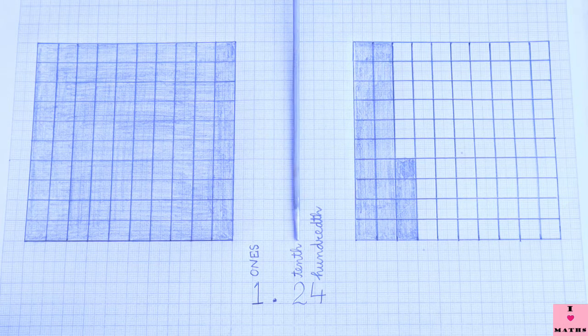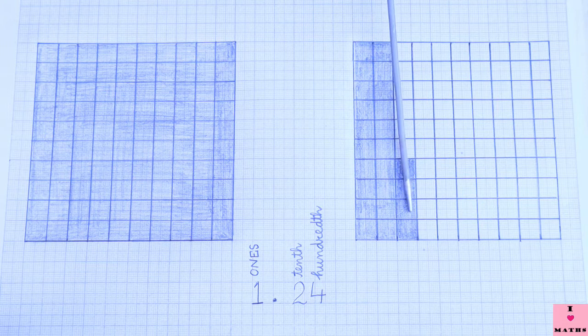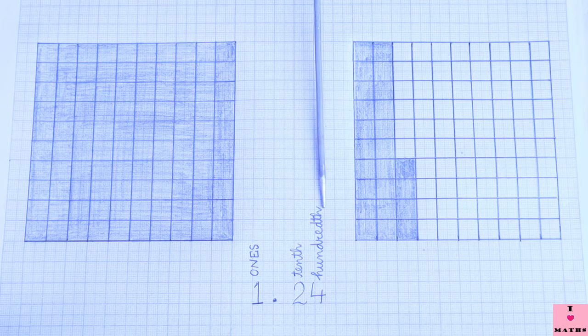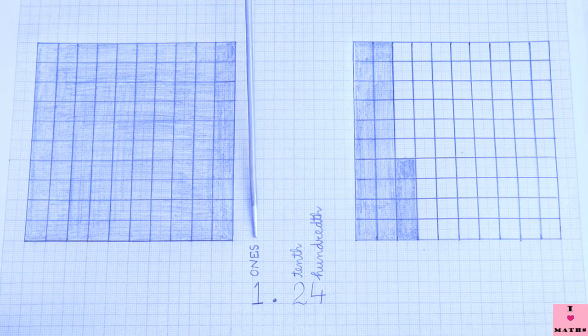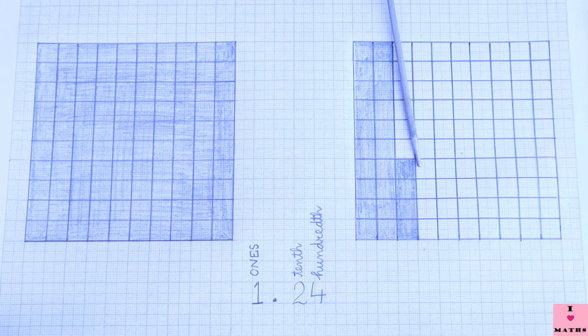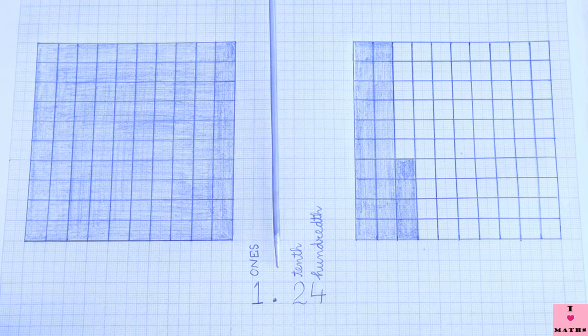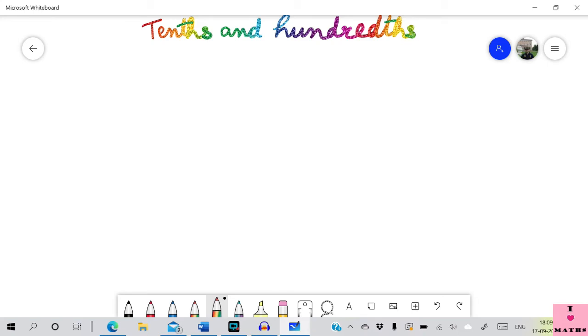So at the 10th place we will have 2, and here there are 4 parts, so at the 100th place we will have 4. That is how the decimal representation of these figures is 1.24.